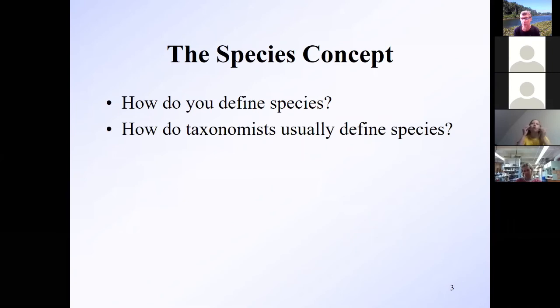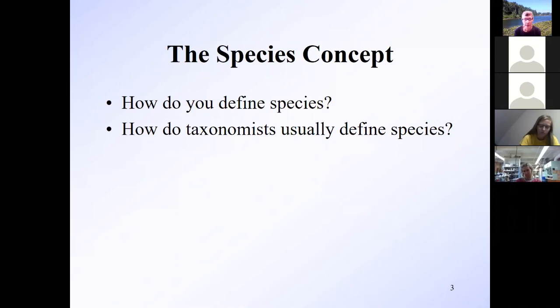So how can you require sexual reproduction to be a prerequisite for species? If that's the case, then every single cell is its own species because it can't reproduce with anybody else. So there's another problem with that. So we have different ways that we can define species, and we need to think about it more generally.